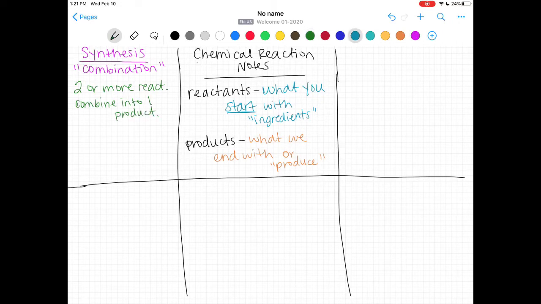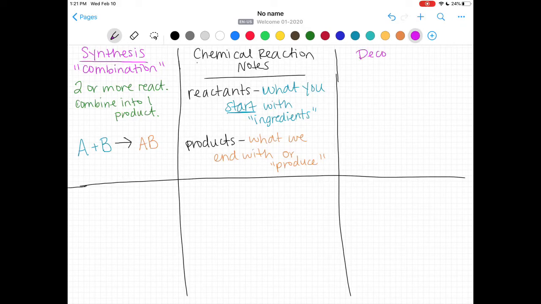Okay. And so what I'm going to do is write a sample equation. Okay, A plus B. We'll just do that. And then remember my products are in orange. And so I'm going to write it like AB where it's combined. So here I can see I've added 2 different things and I've combined it into one.